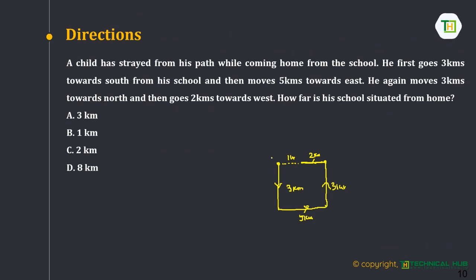He first goes from the school, so this is the school, this is the home. So finally the answer is 1 km. Given the options, option B is the correct answer. Don't take more time on these problems.